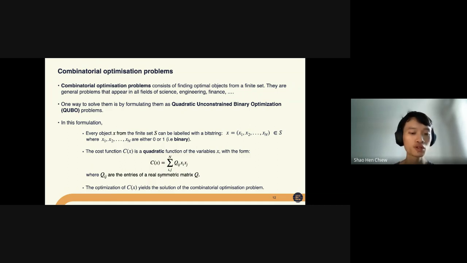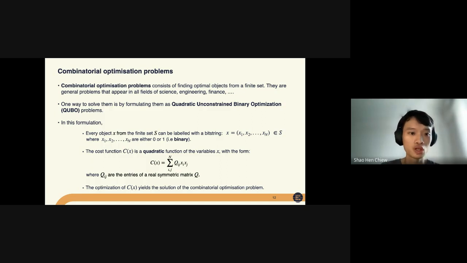If we can write the cost function in this form, then it is said to be quadratic. And finally, we also require that the optimization of this cost function will yield the solution to our combinatorial optimization problem.